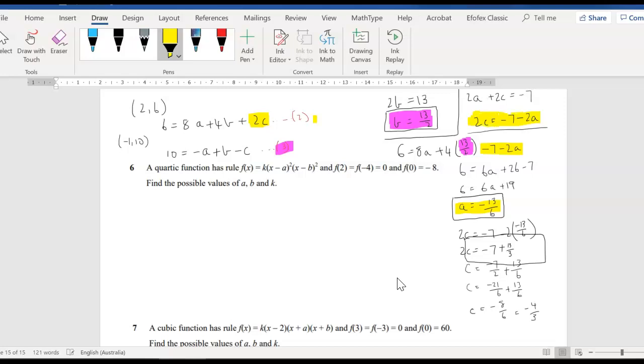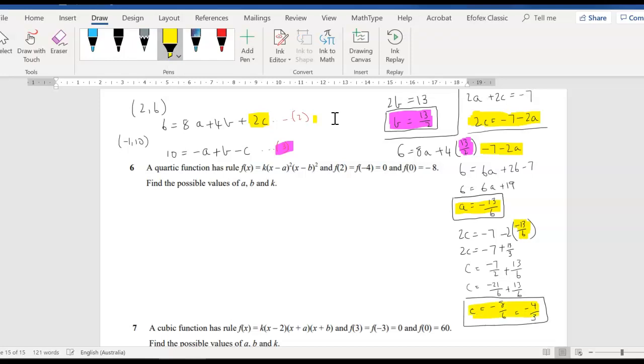I substituted a equals negative 13 on 6, and you just have to deal with fractions. No one likes fractions. The square was originally around c, but my computer doesn't like to cooperate. So there's your value of c, negative 4 on 3.